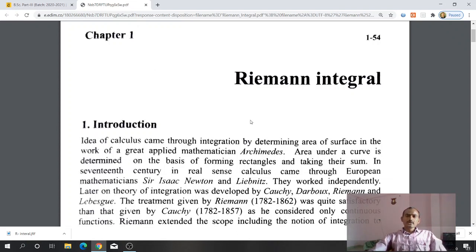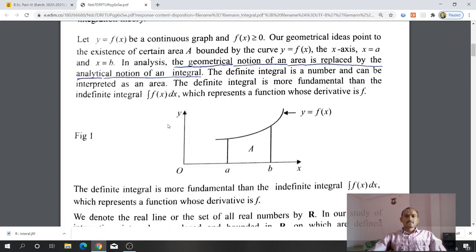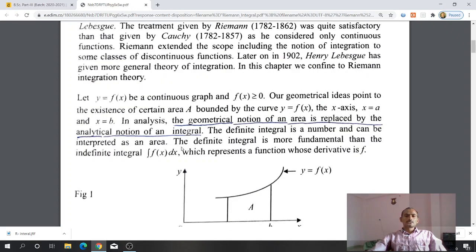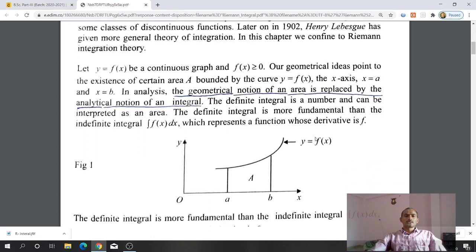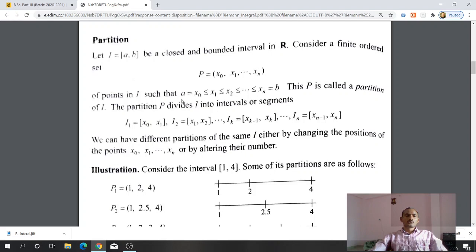Friends, in this chapter today we are going to learn the geometrical notion of the curve y equals f of x and the area under this curve and the x-axis. Then we will learn what a partition of a closed bounded interval in R is.